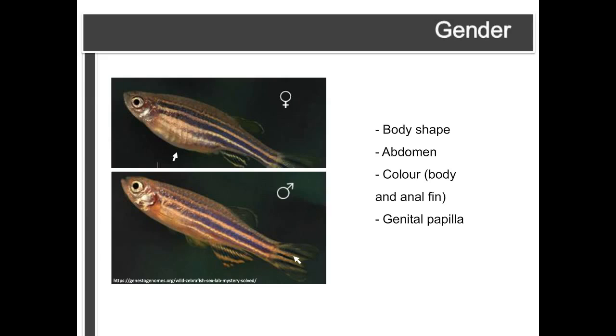The male has a yellowish coloration in the tail fin. But what is important is that the female has a genital papilla, which is really useful to identify when you don't see the enlarged abdomen. It's quite easy to see when you put the tank in the light.